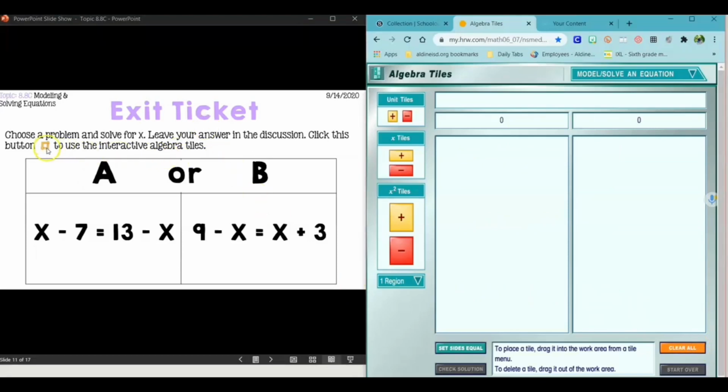If you click this button here in the discussion, it'll open up this interactive board that I've been using, so you can go ahead and move the tiles and solve that way. So you need to choose A or B, which equation you want to solve. And then in the discussion, if you choose A, then you just put A and then x equals whatever solution you get. Same thing if you choose B, then you put B and then x equals and your solution. Okay, and then make sure you submit it.